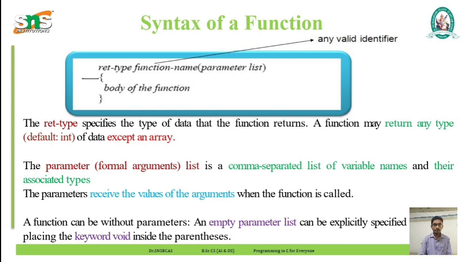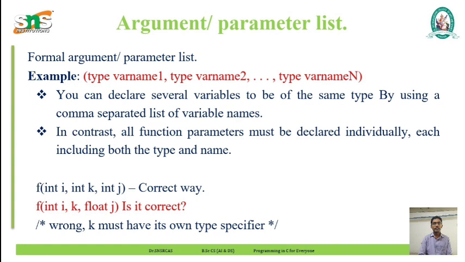And here is the argument or parameter list description with a real-time example. Type variable 1, type variable 2, and so on. You can declare several variables to be of the same type by using a comma separated list of variable names inside the parenthesis.